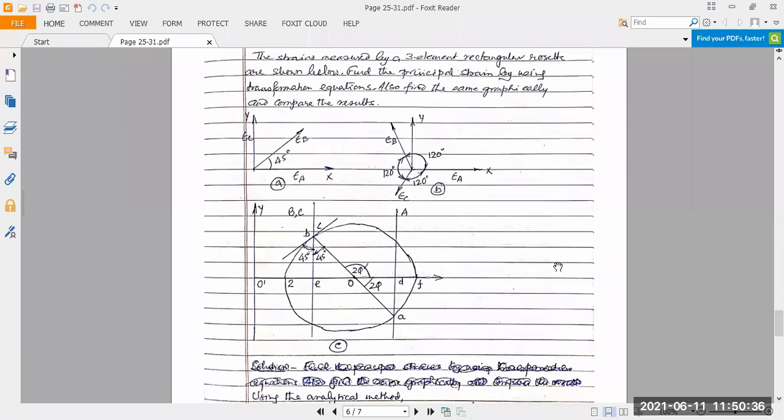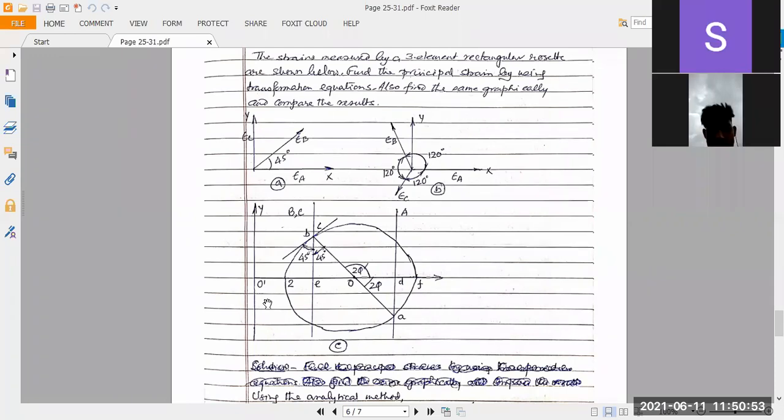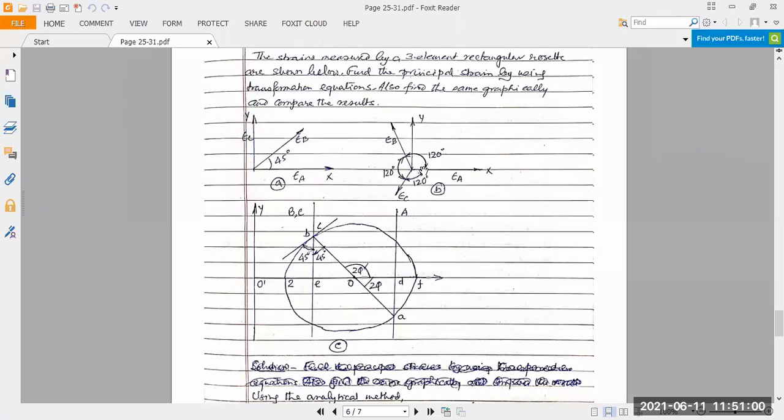First, we have to draw one x-axis and one y-axis as per our convenience. OY dash is the y-axis, and parallel to BC and AD, let us draw epsilon B and epsilon A as straight lines at a distance from E and from D itself.